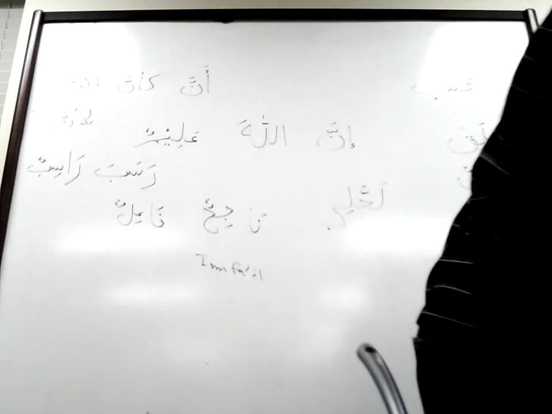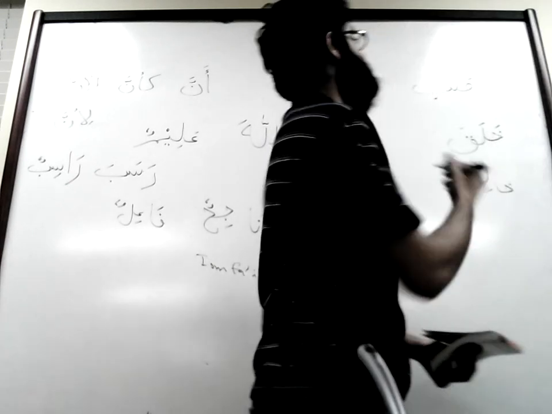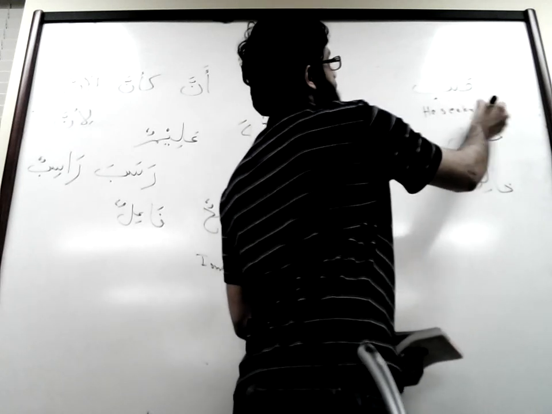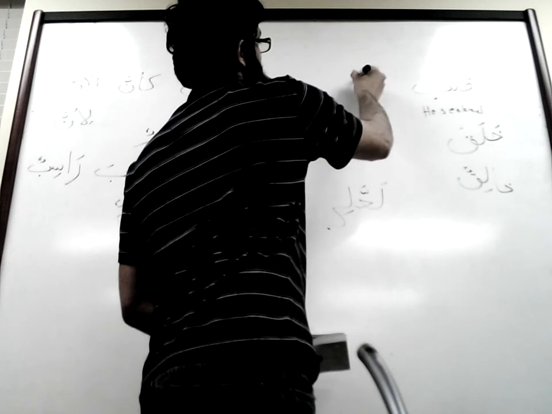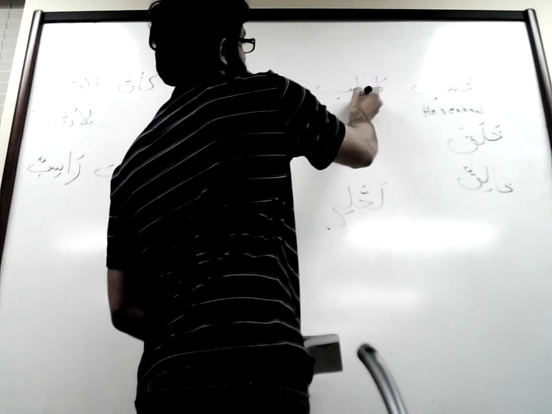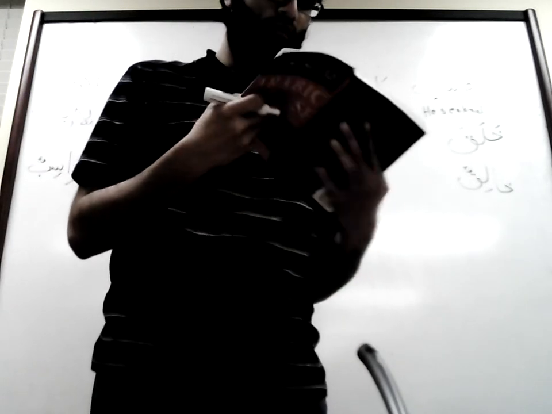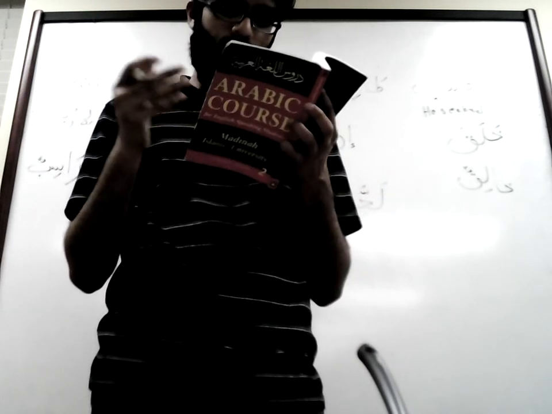In the first column, it means he sought. Make it ism fa'il. Talibun. So the word talibun comes from talaba, to seek. Someone who is seeking knowledge, we call that a student or talib. All right, let's finish this.